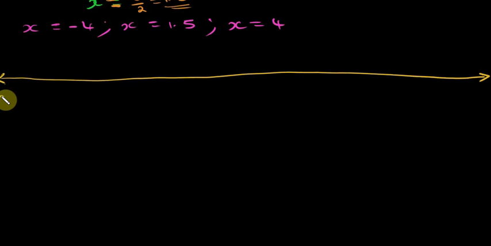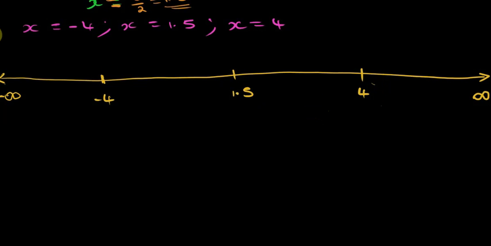It goes all the way to minus infinity and all the way to positive infinity. Right there we'll have minus 4, followed by 1.5, and we'll have 4.